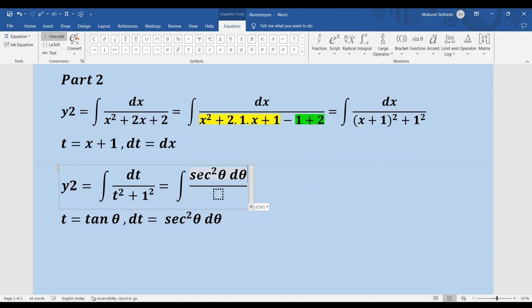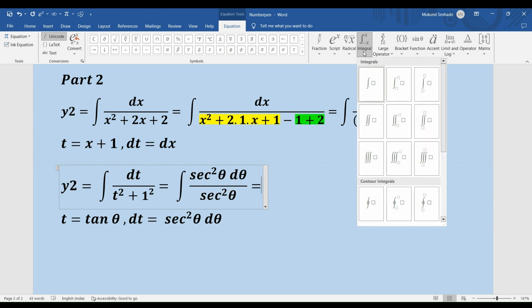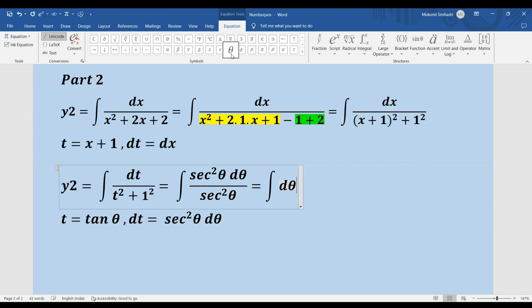And 1 plus tan square theta is nothing but secant square theta. So I have a secant square theta in the numerator, I have a secant square theta in the denominator. They get cancelled out, and what am I left with? An integral of d theta. So my integral of d theta is nothing but theta plus c.